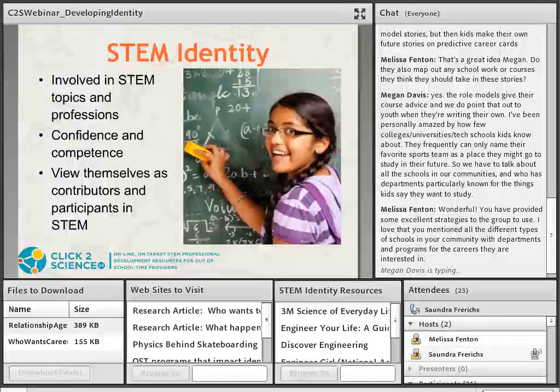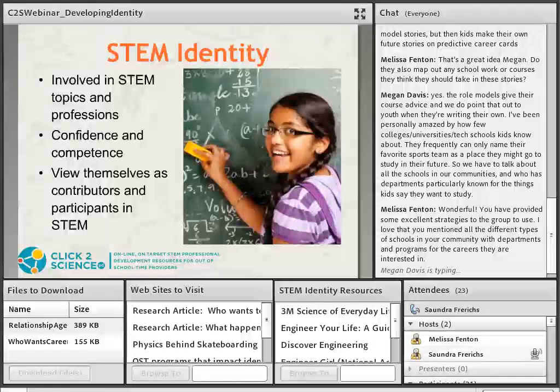We can also help them develop their sense of competence and confidence in STEM by providing them opportunities to engage in STEM practices, to solve problems, to engineer solutions, and to answer their own questions through experimenting, collecting, and analyzing data.